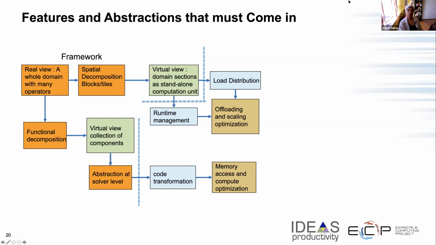And so the considerations for load distribution come in, and some form of runtime management also needs to come in. Both of these, the runtime management and code transformation and load distribution, should ideally still be a part of the infrastructure in such a way that a casual user, and I emphasize casual user because graded access is useful, need not know all of the details in order to be able to make modifications to the science codes.